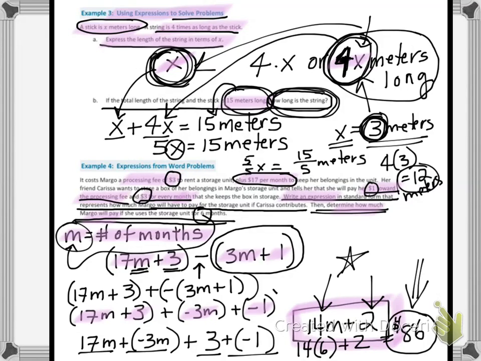You could see the absolute wonders of creating an expression and then being able to substitute, plug in information that you have. If we had 12 months, if she wanted to project, and this is good because if you're able to project and see ahead how much something is going to cost you, you understand how much money you need to earn.